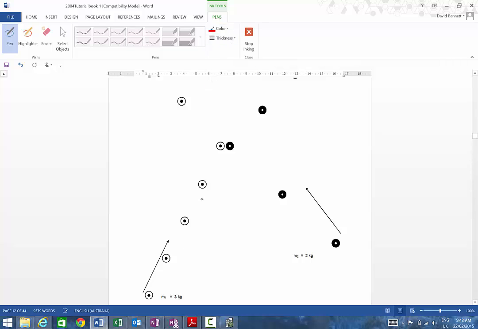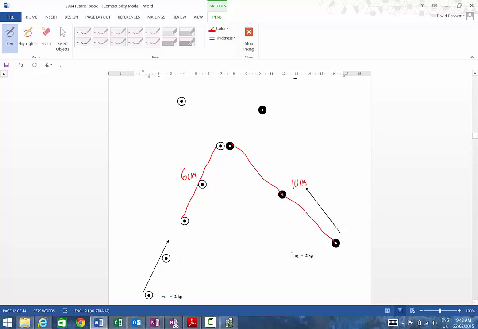If we were looking at this, we've got the same time period. So I'd have to measure this distance here, and let's say that distance is 6 centimeters. I also measure the distance here, and that's something like 10 centimeters. We're comparing those two things. This one has a mass of 3 kilograms and this one has a mass of 2 kilograms.